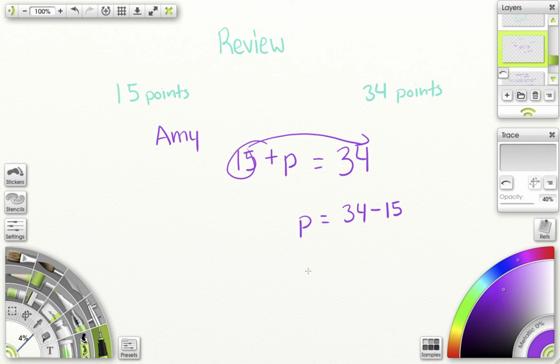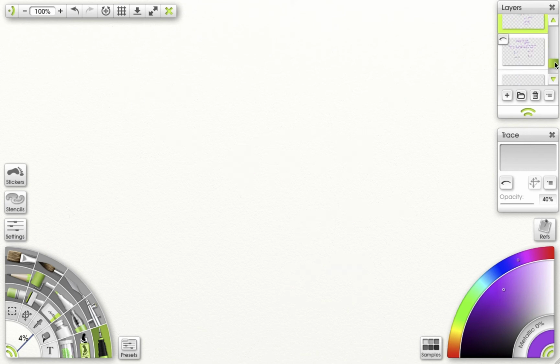We've isolated our p variable. So p equals 34 minus 15, which is 19. So she would have scored 19 points in the remainder of her season. And there we are. So that is our very brief review.